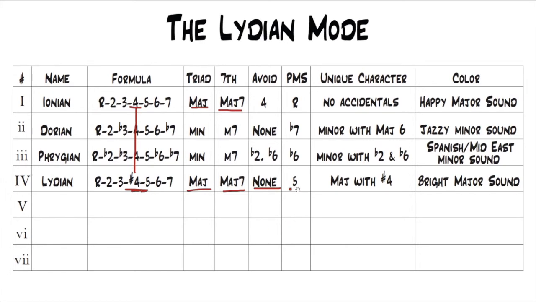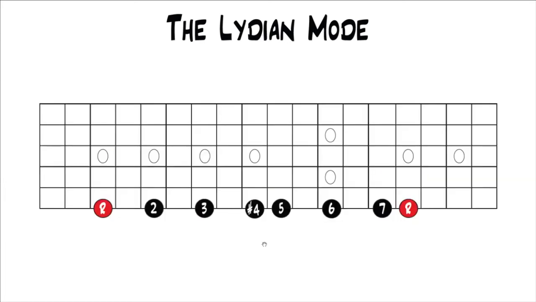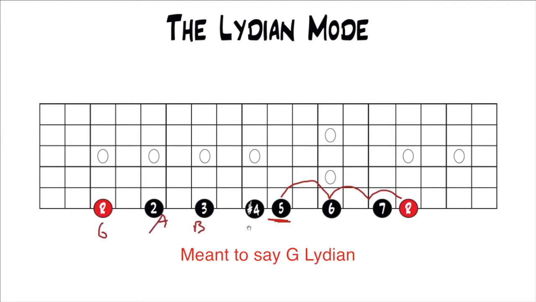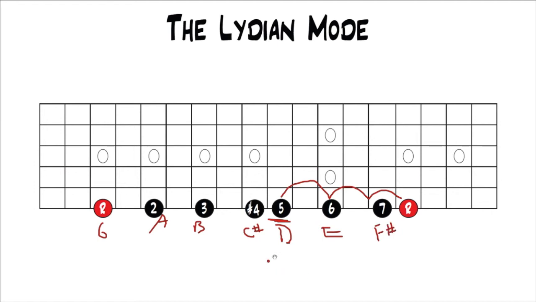Your parent major scale is the 5, meaning if we were looking at this, this would be your whole step, half step. This is your parent major scale, which, if you're in the key of G Lydian, these notes would be G, A, B, C sharp, D, E, F sharp. So D is your parent major scale. D is the parent major scale of G Lydian.